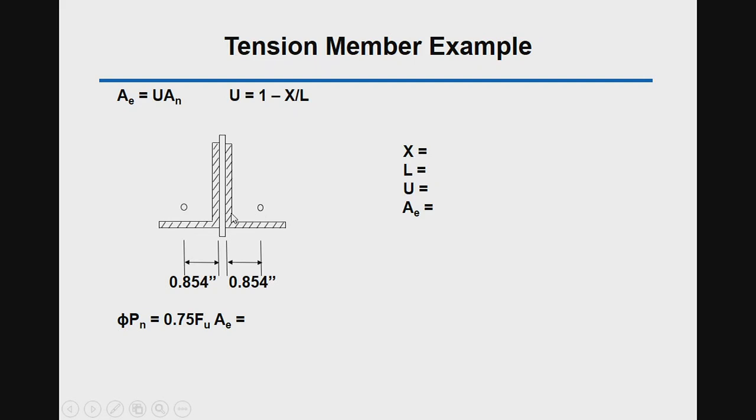From the AISC manual, page 1-44, you will find that the centroid to the interface is 0.854 inches.